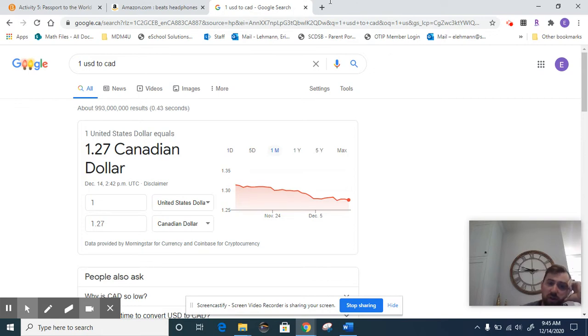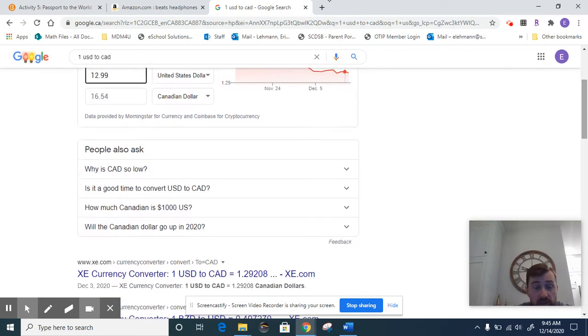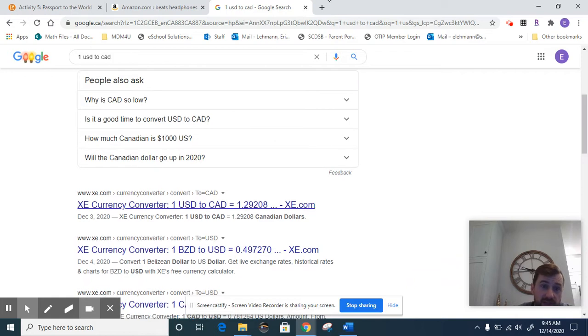And what you can do here is you can actually change this number. So if you want to know $12.99 in United States dollars, it will change it to $16.54, and it will do that right in Google. This is a little tool. We've used calculators like this before, and it'll show you the tracking on what the value of the Canadian US dollar versus Canadian one has been, and all of that sort of information.